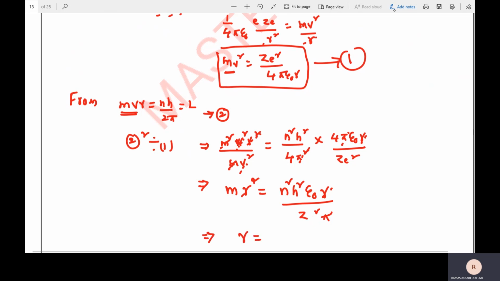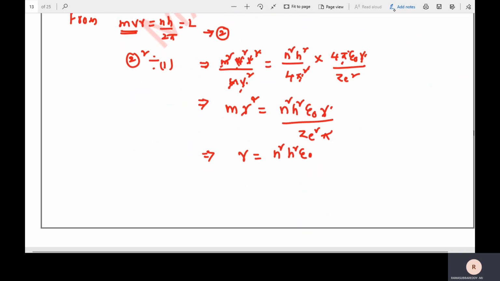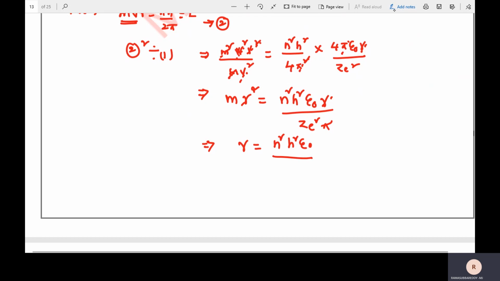Then finally our r is equal to n square h square epsilon naught by m pi Z e square. So this is our radius of the electron in the Bohr hydrogen model.